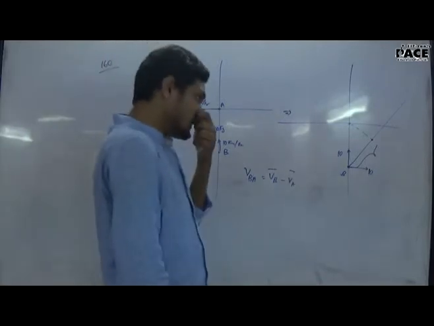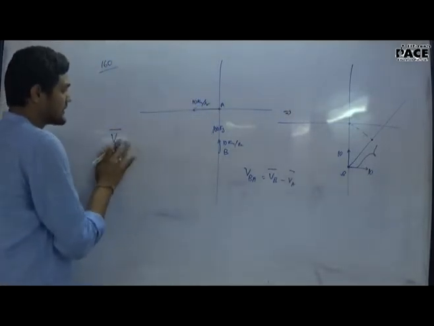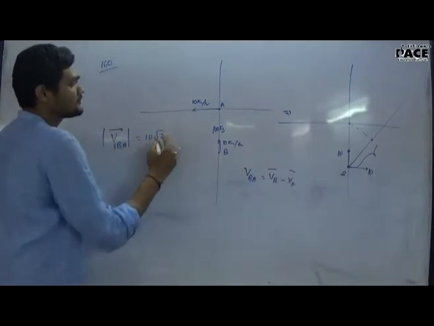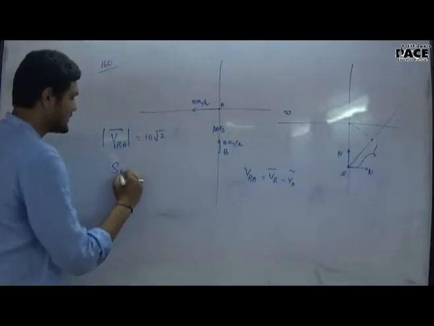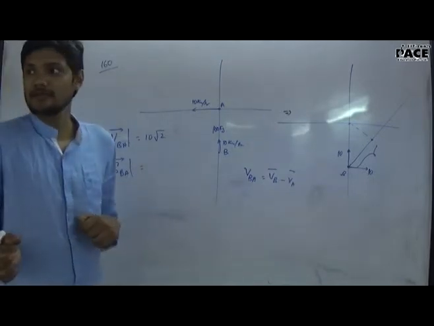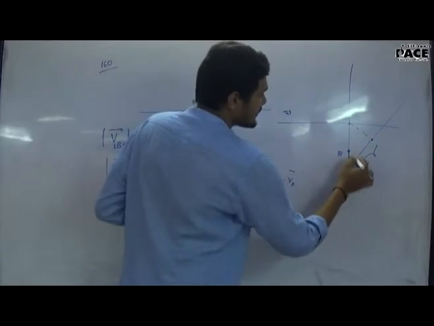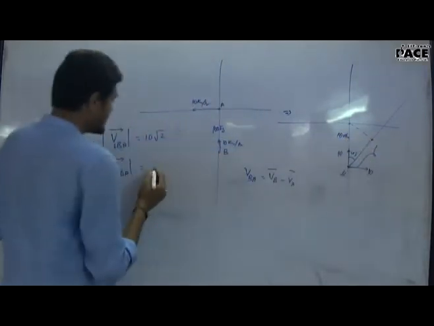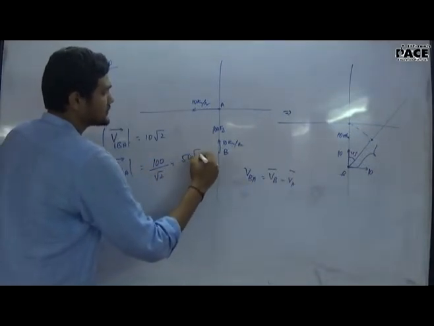The relative velocity of B with respect to A, the magnitude comes out to be 10 root 2, and the distance covered by B with respect to A to reach the point of minimum separation is this distance. If this angle is 45 degrees and this is 100 kilometers, this has to be 100 upon root 2, that is equal to 50 root 2.